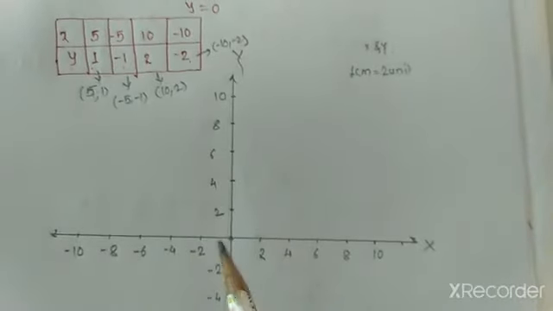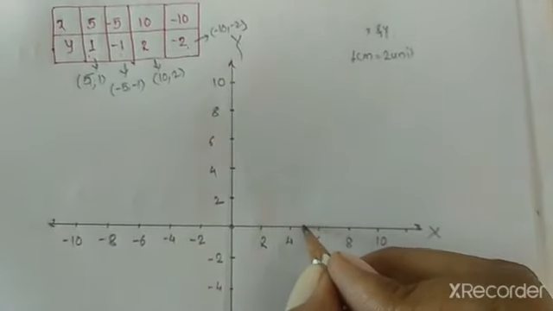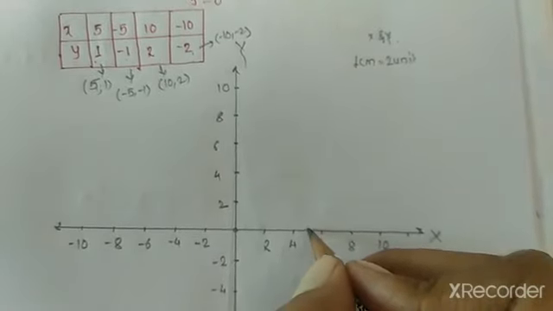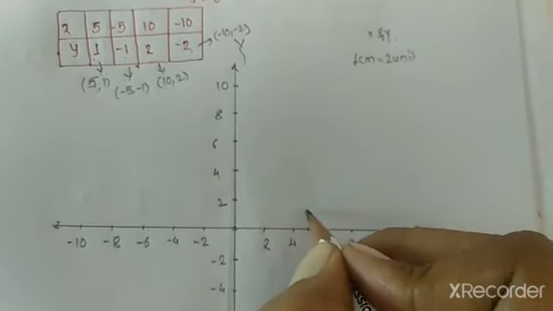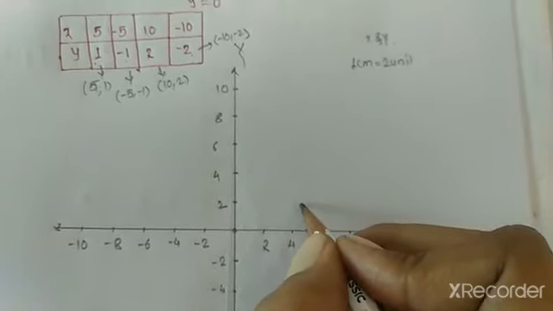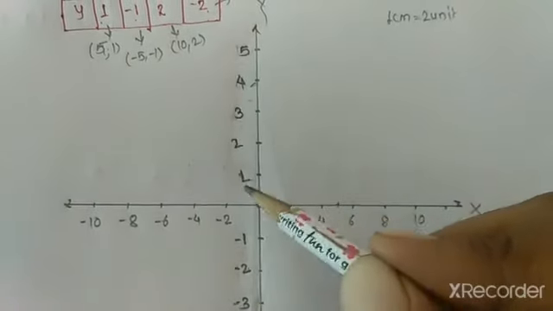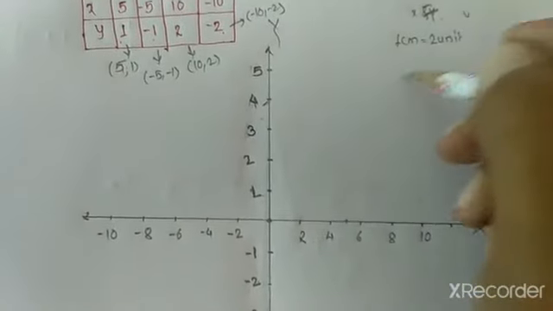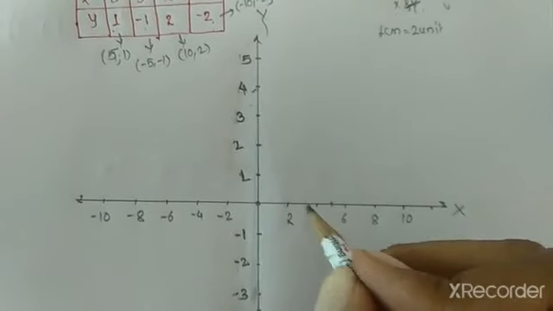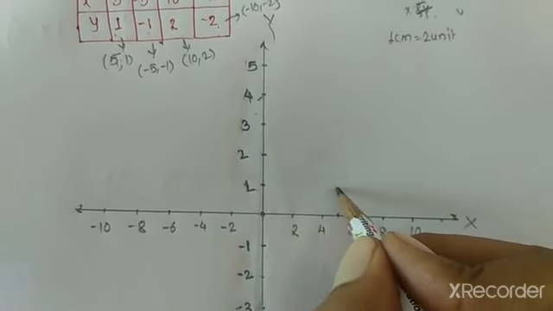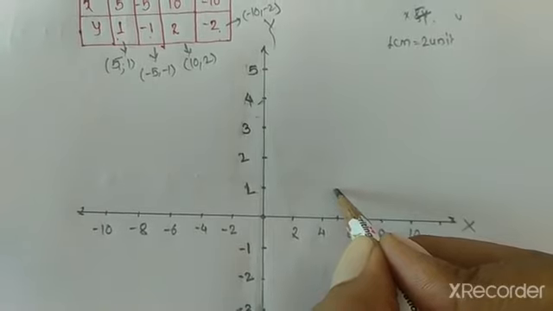So for the first point 5, 1, x is equal to 5, that means it will be the center of this, and x is 5, y is 1, so it will be near about here. Here I have changed the y coordinate, as we will take y as 1 centimeter equal to 1 unit only. Now for the first point 5, here it will take 1. So please mark the point very carefully.